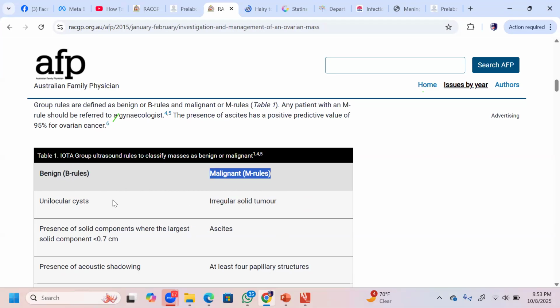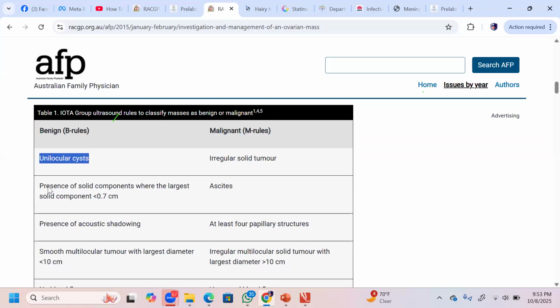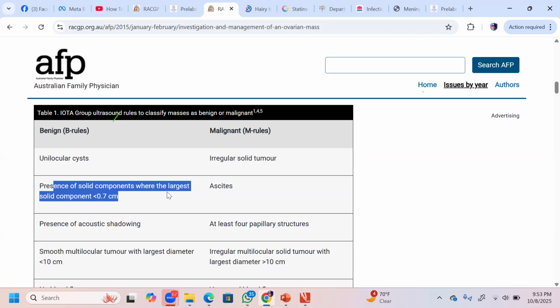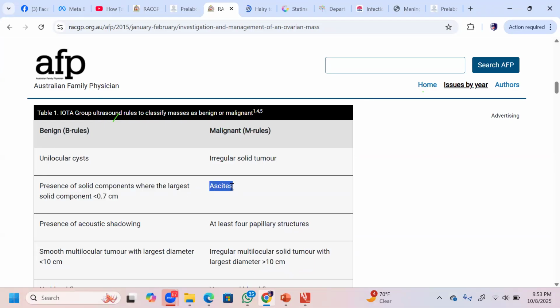If the border is irregular, it means there is a chance of malignancy. And if it is unilocular, only one cyst, this one is benign. The presence of a solid component, the largest solid tumor component, and if fluid is present like ascites, it will be malignant. These are the features you will find during the ultrasound.